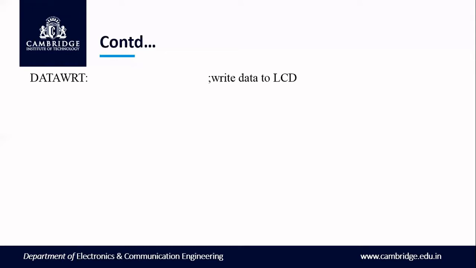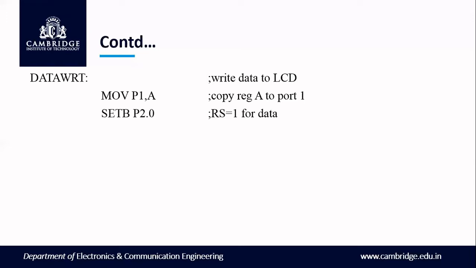So for writing the data, there is a separate subroutine here. Again, whatever letter you want to display will be in the accumulator, that you are sending into port pin 1. When you are writing data, we need to make P2.0, that is the RS pin, 1. We need to send 1 so that you are displaying the character onto the LCD.